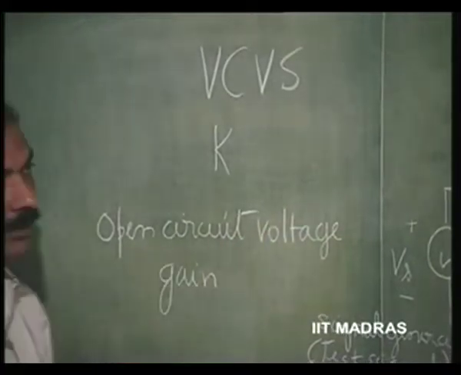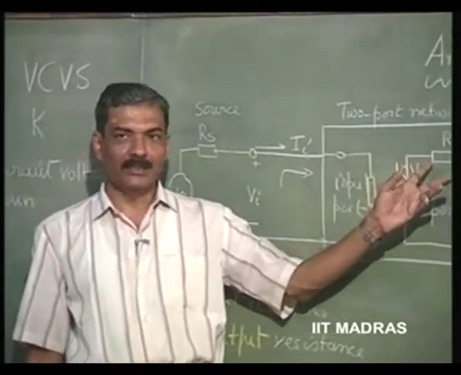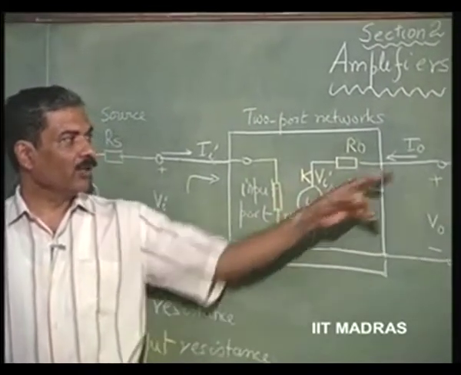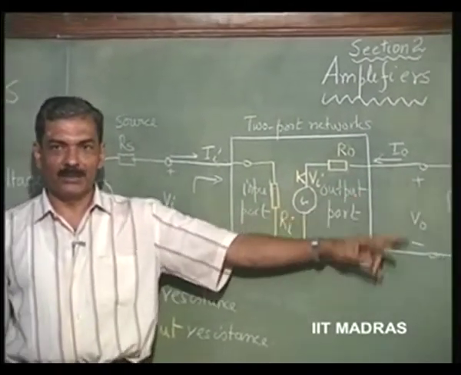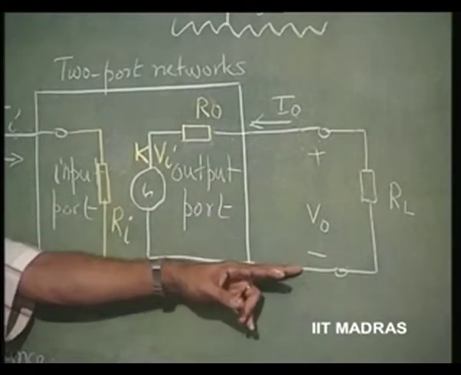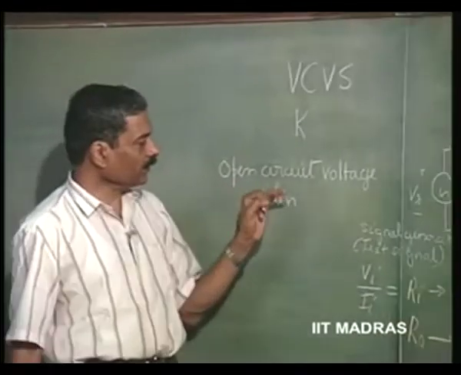What is it? When the load is infinity, because if it is non-ideal, the load has to be infinity. If the load is infinity, the output is open circuited, then the output voltage is the same as K times Vi. So, this K is called open circuit voltage gain.